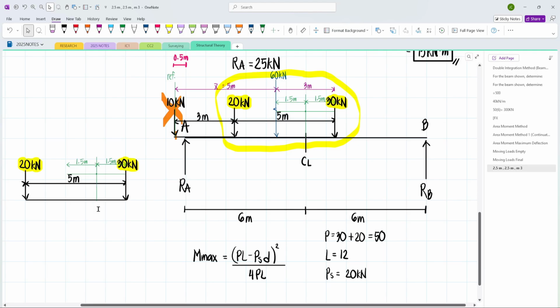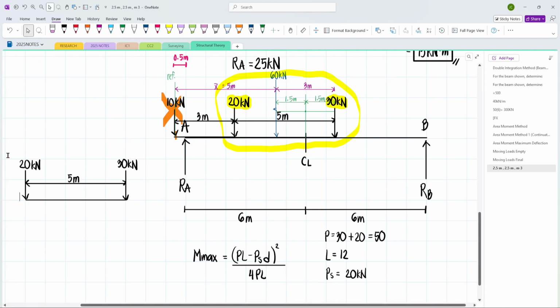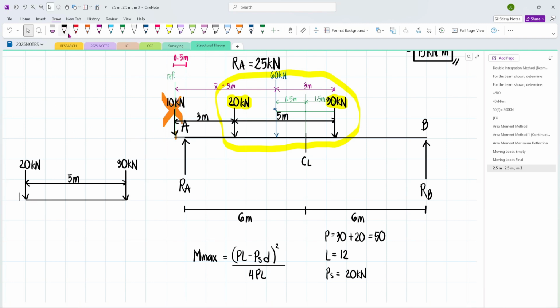Since there are only two loads, this is no longer the location of the resultant. So, you can apply Varignon's theorem. I will just leave this as a practice problem. You can solve this one again considering only the two loads, since again, the 10 is beyond the span.